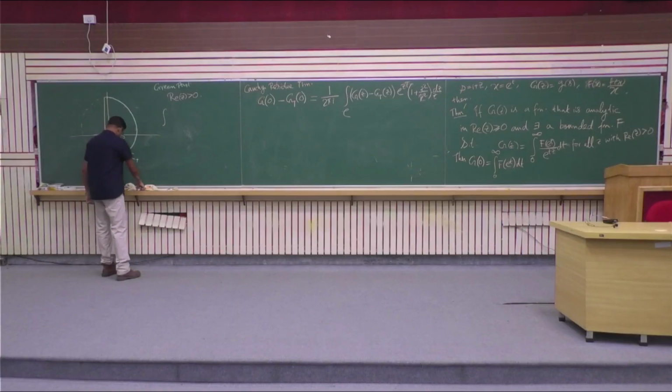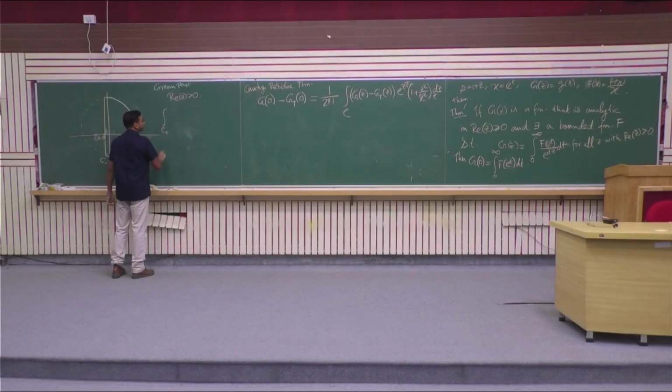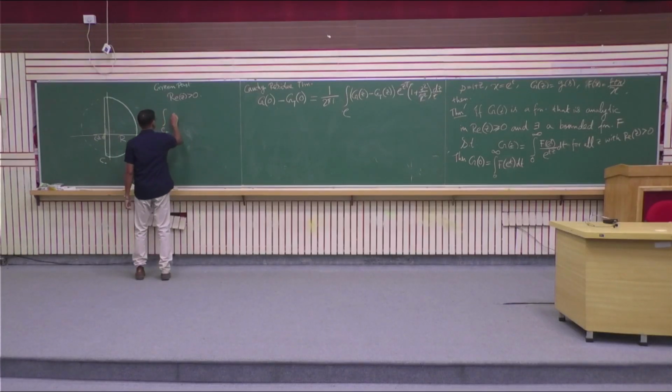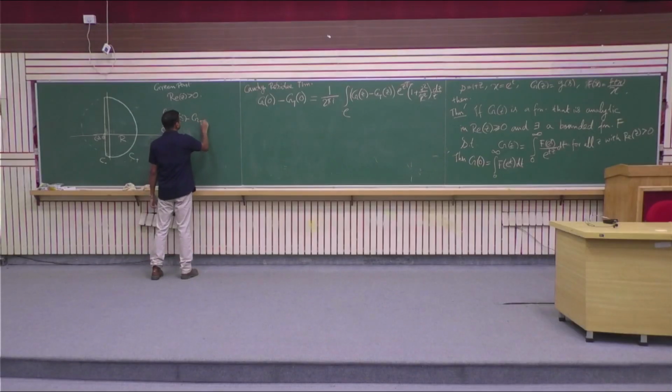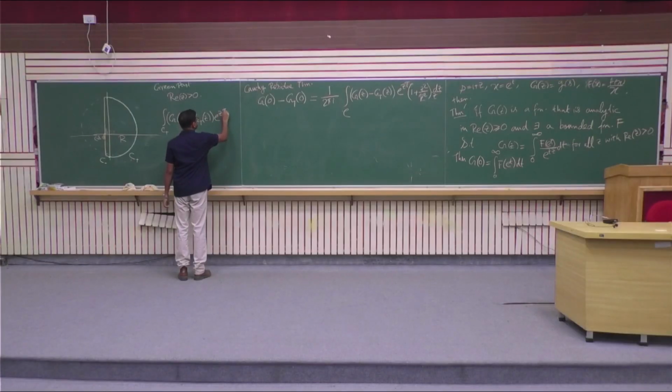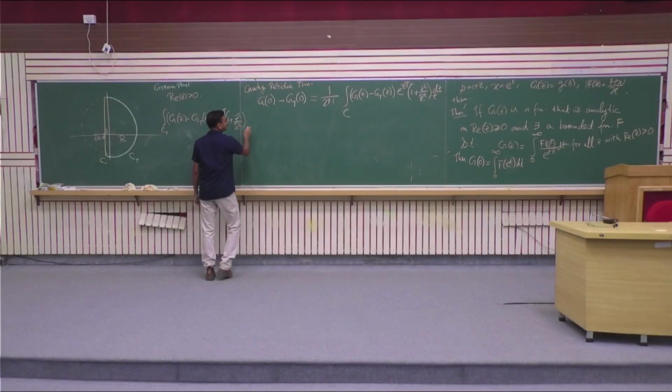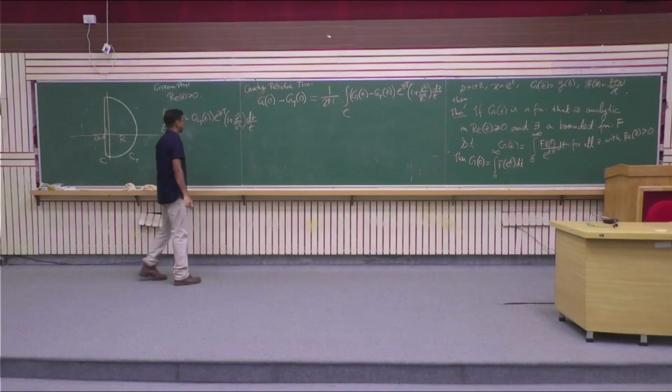So the integral on C plus of gz minus gtz times e to the zt times 1 plus z square by r square, dz by z. We first consider this one.